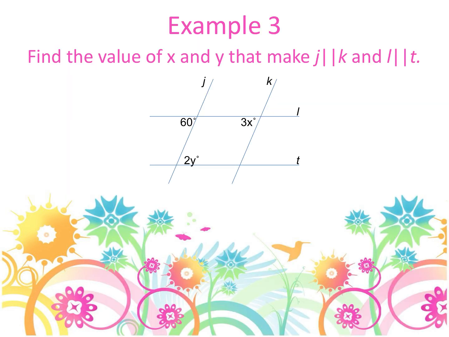All right, example number 3, it says find the value of x and y that makes J parallel to K and L parallel to T. They're giving me one angle 60 degrees, one angle's 3x, and one's 2y. What do I know is congruent and how? Yes. 60 degrees is congruent to 3x by the corresponding.